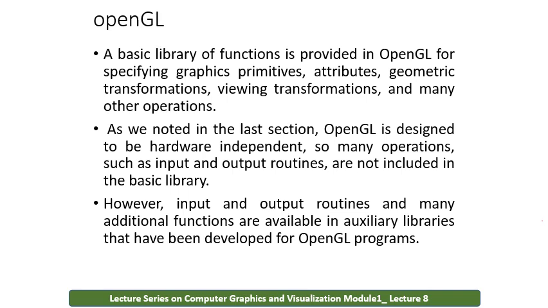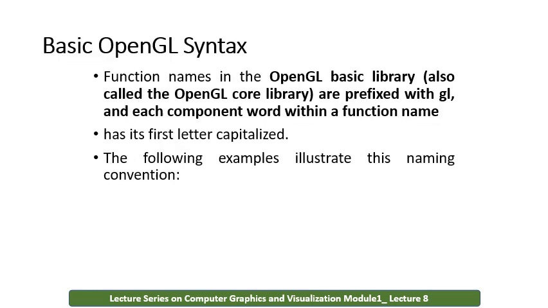As we noted in the last section, OpenGL is designed to be hardware independent. So many operations, such as input and output routines, are not included in the basic library. However, these input and output routines and many additional functions are available in auxiliary libraries that have been developed for OpenGL programs.